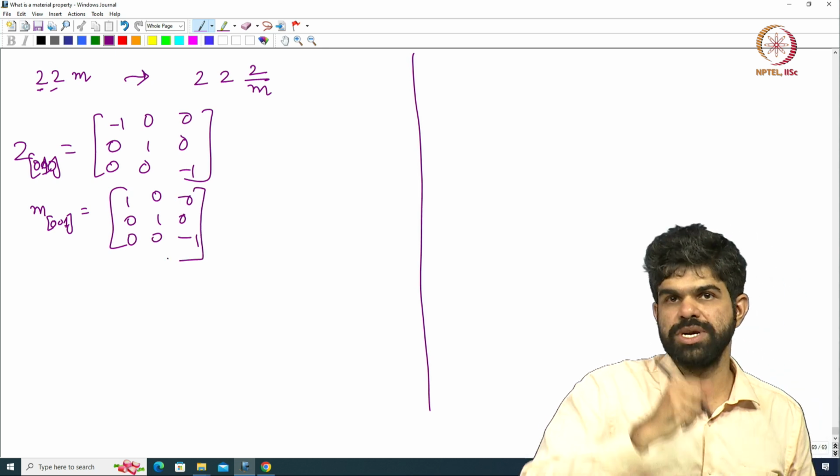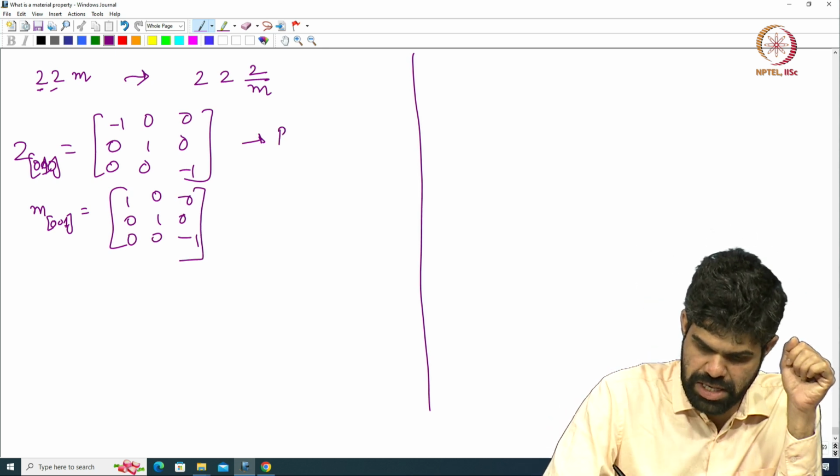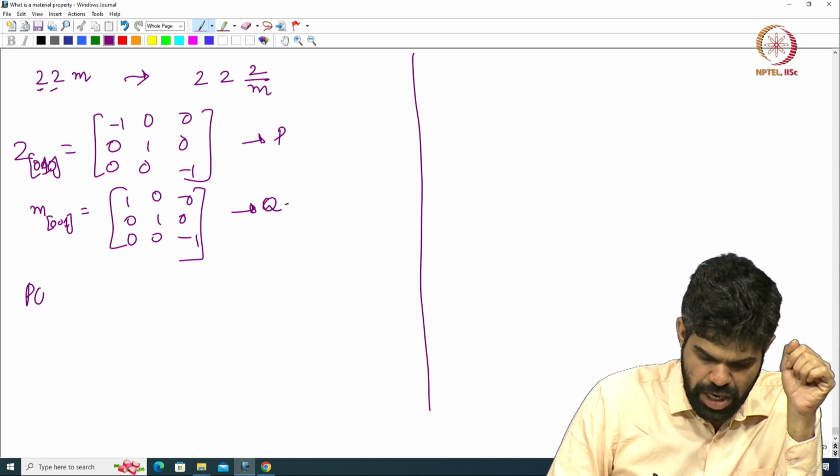So these are the two operations that I consider. This is P and this is Q, and I just look at what PQ is, right.